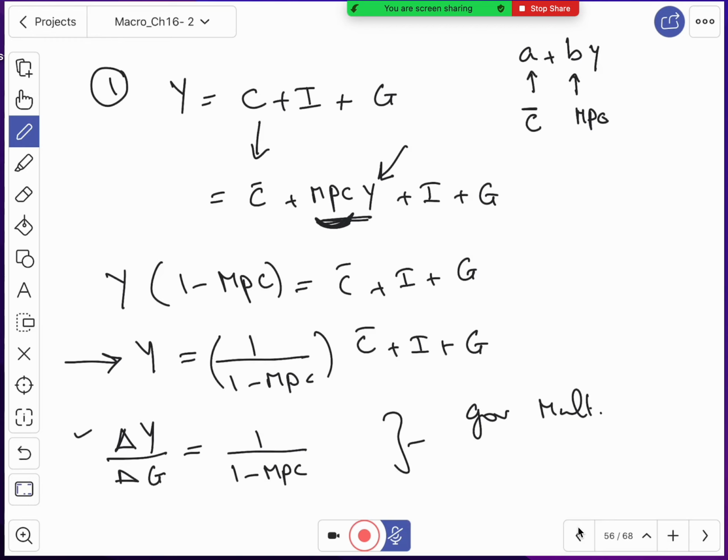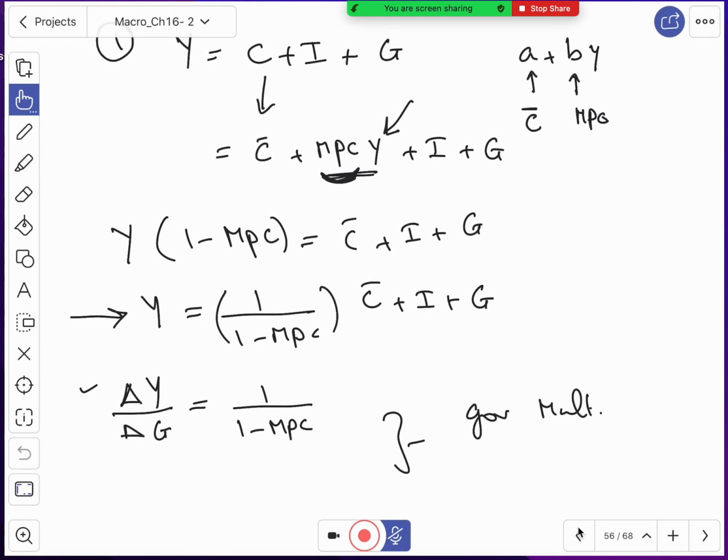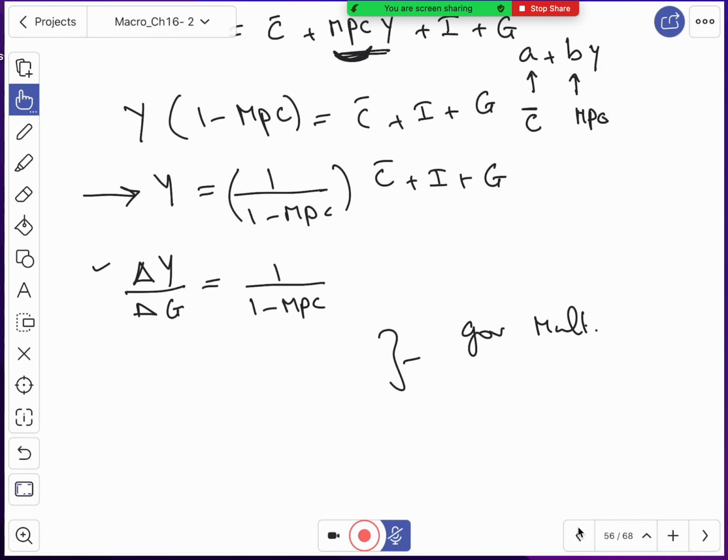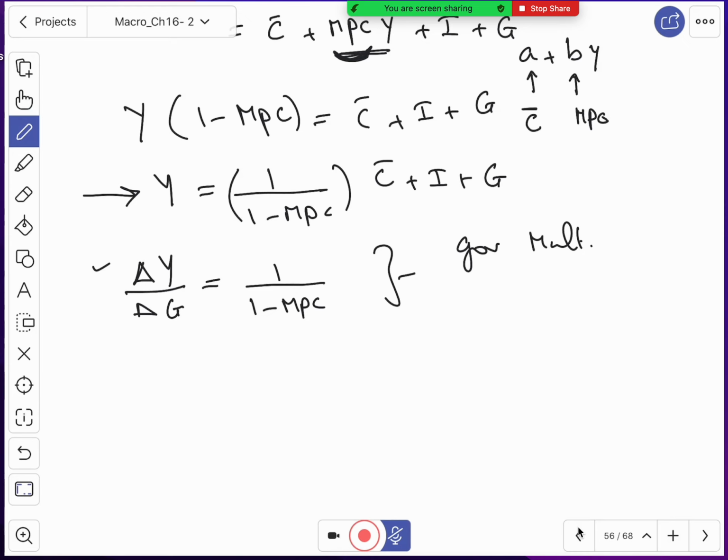Suppose that the government is offering a lump sum tax. So we can expand the model by adding a lump sum tax. We have C plus I plus G, but now we have a certain amount of tax that is affecting my consumption.